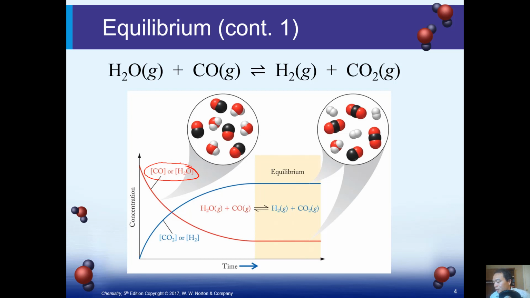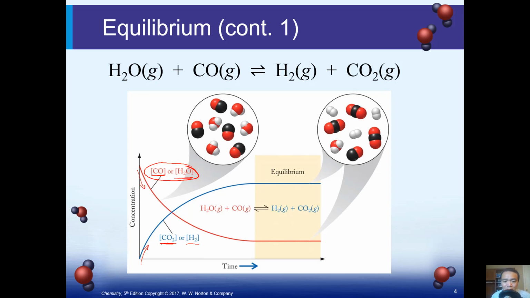As you can see in this diagram, as the concentrations of carbon monoxide and water decrease along this reaction coordinate, the concentrations of the products, carbon dioxide and hydrogen, increase.